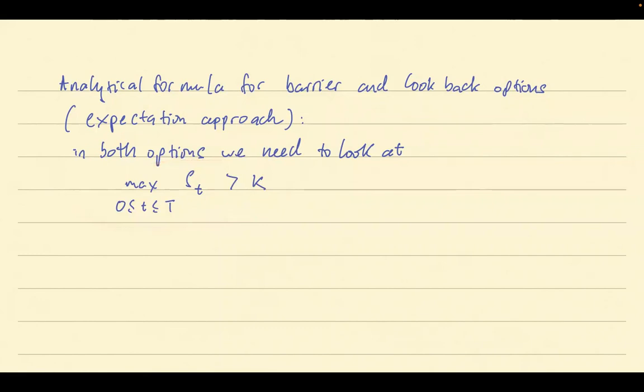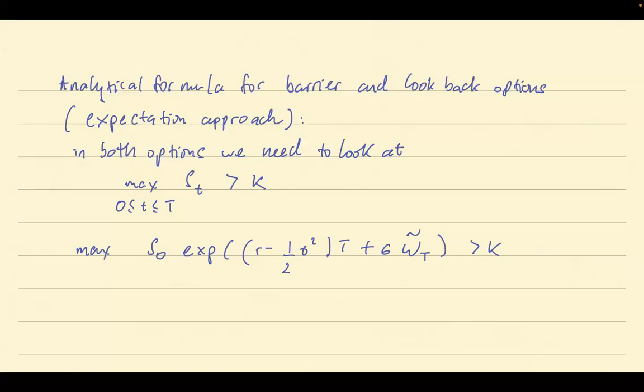But as I said before, if you look at this, you'll see that it's something like this: exponential of r minus 1/2 sigma squared t plus sigma W. It's really W tilde t because we are looking at the risk neutral probability. And we can move the max first inside the S0 because it's positive.